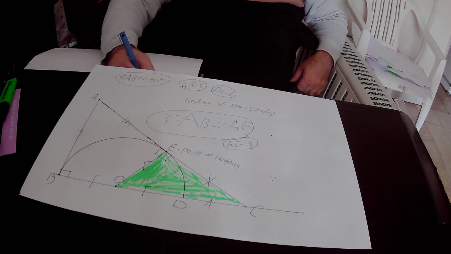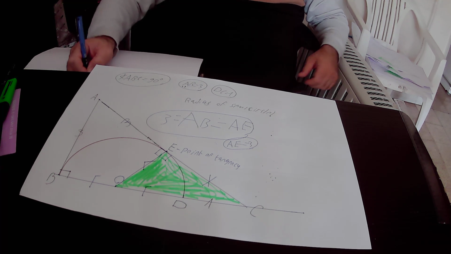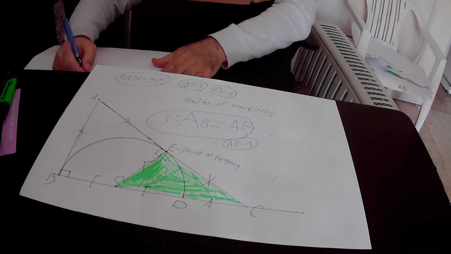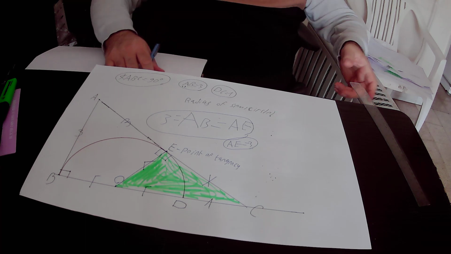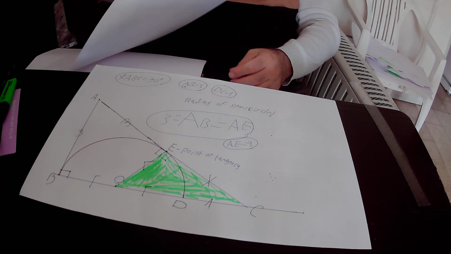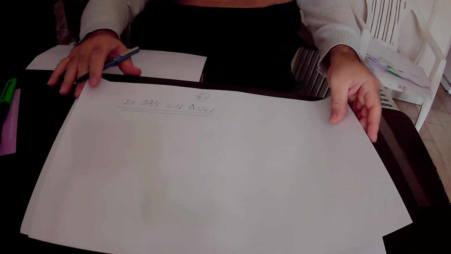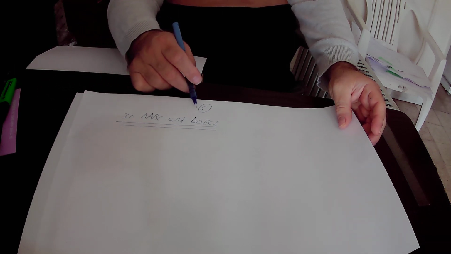Okay, so we will focus on the right big triangle ABC and the right small green triangle OEC.